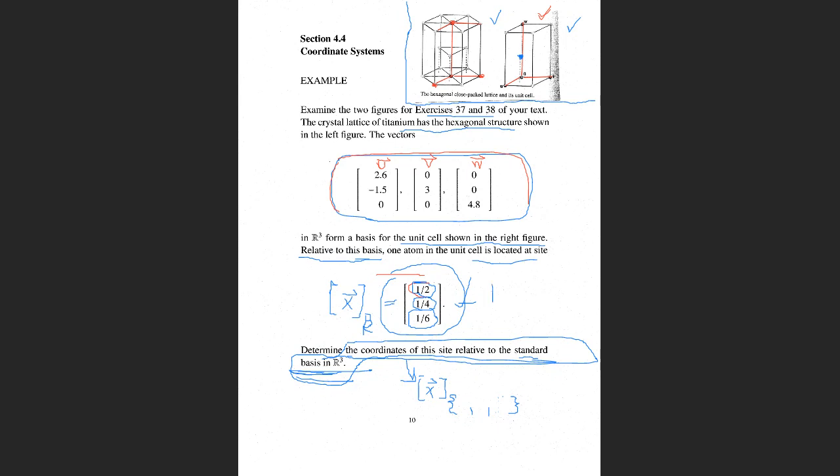Hold on here. Script B consists, that basis is, I don't know why that comes up. It happens, just ignore it. U, V, and W. I don't know why that pops up there. So everybody, just ignore that line.